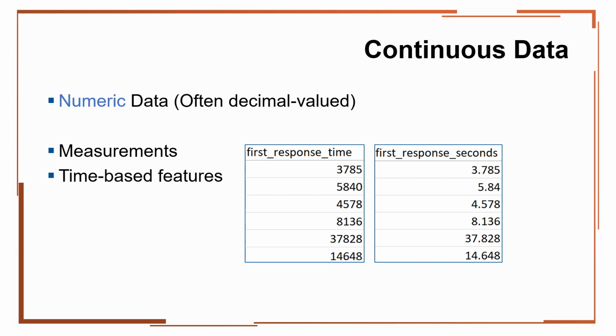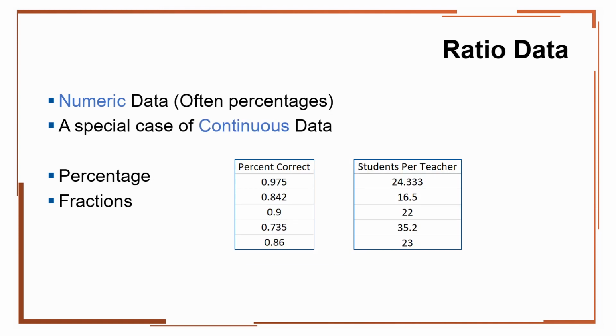Continuous data describes the type of numeric data that you might typically represent on a number line. This data is typically decimal valued and describes a range of non-discrete measures. As a special case of continuous data, ratios also often appear as decimal valued features. These, however, often describe percentages or fractions that have a different scale or interpretation as other continuous variables.